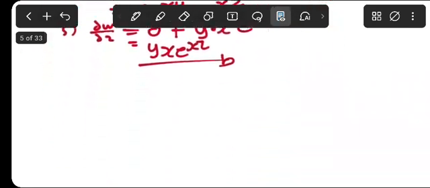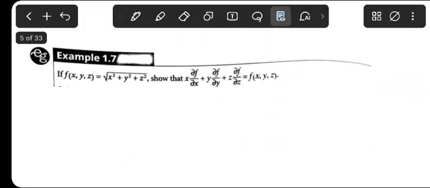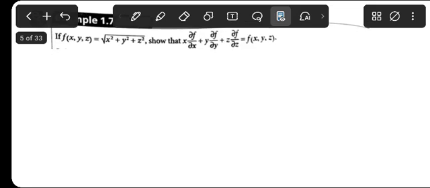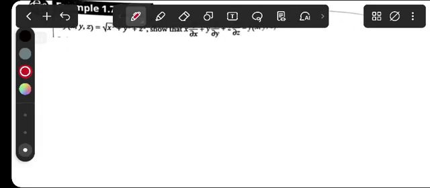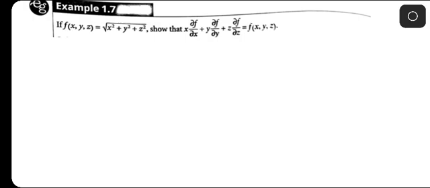All right, those are typical questions. So we have another typical question. Example 1.7 says: if f of x, y, z is equal to the square root of x squared plus y squared plus z squared, show that x multiplied by the partial derivative of f with respect to x, plus y multiplied by the partial derivative of f with respect to y, plus z multiplied by the partial derivative of f with respect to z, must be equal to this.